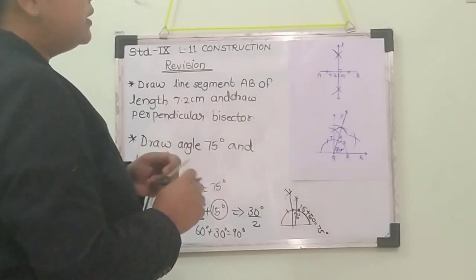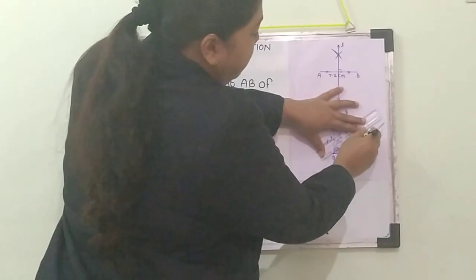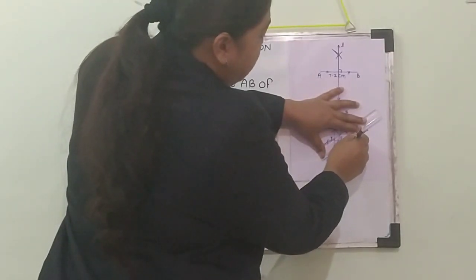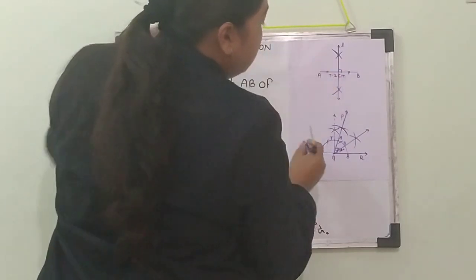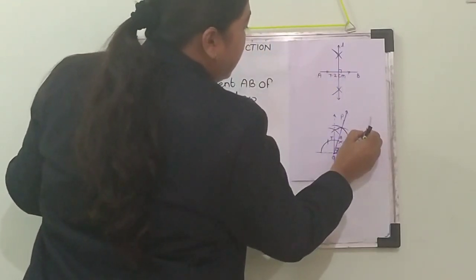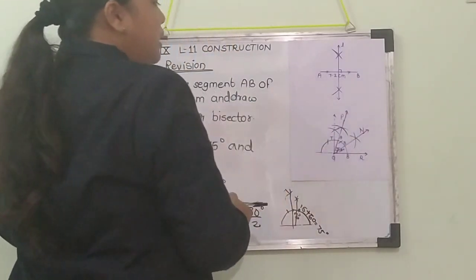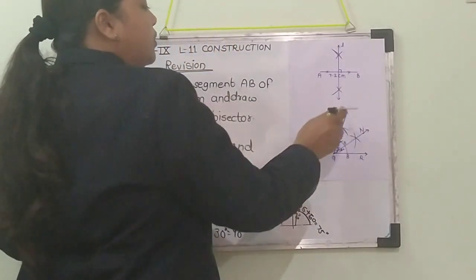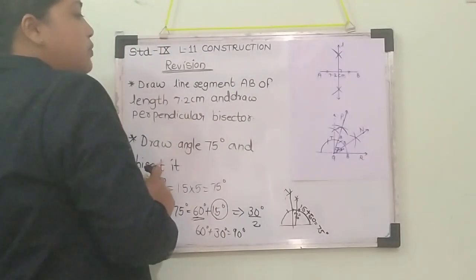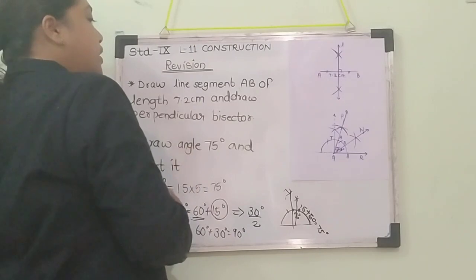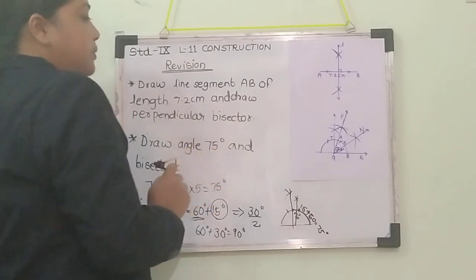They are going to intersect with each other and we have to draw the ray passing through this, and this is the angle bisector. Suppose here we can write as QN is the angle bisector of angle PQR. So in this way we can draw the 75 degree and its bisector.